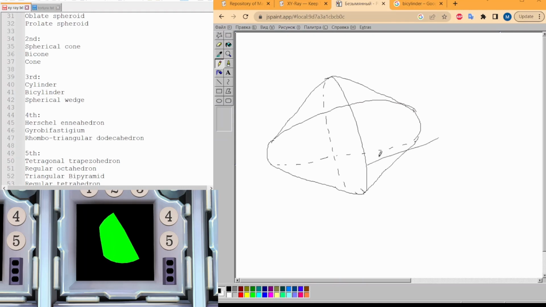If we're going from this angle, in the center your section will cross this circle in these points and these points.